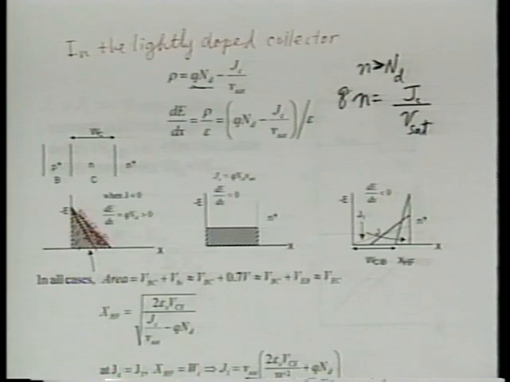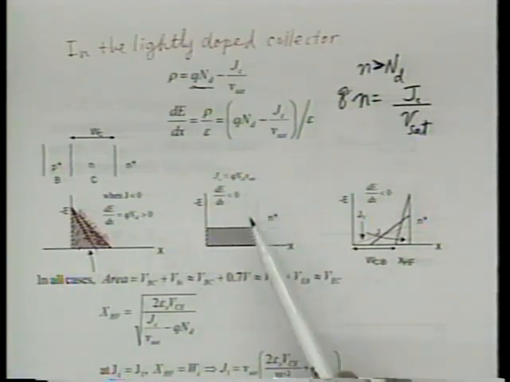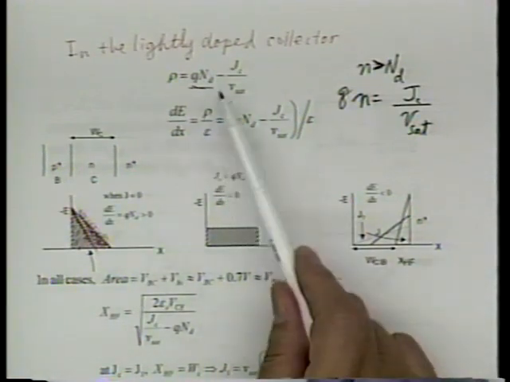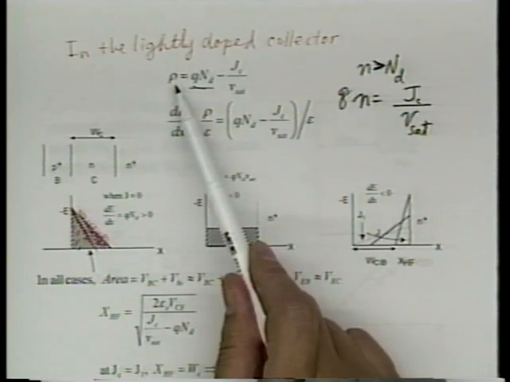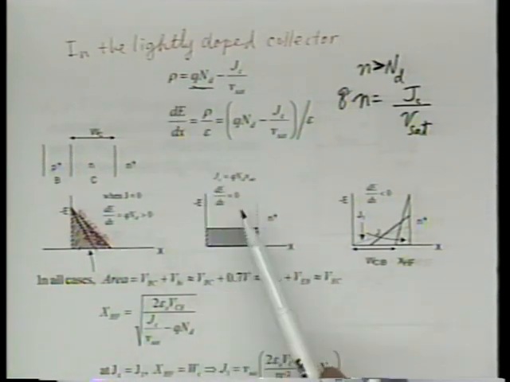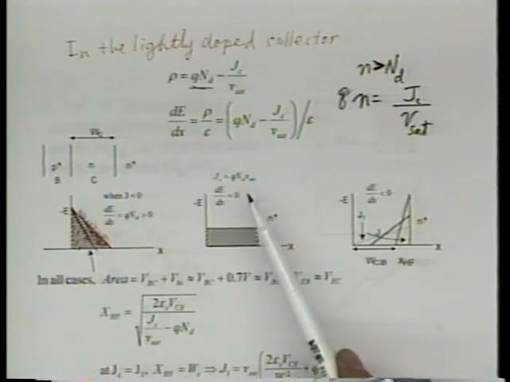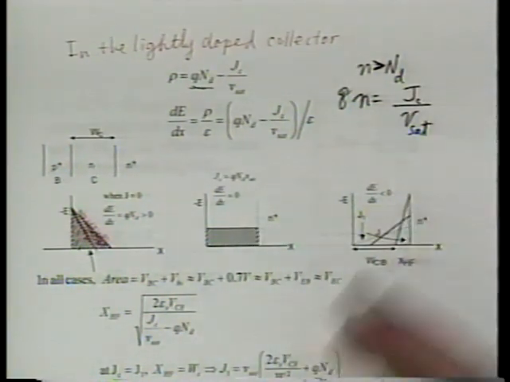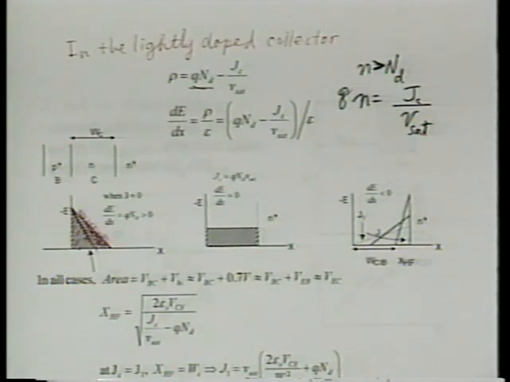Now, suppose J happens to be equal to qNDvsat, namely rho is 0, you see, at a certain J, rho can be 0, right? That's when J is equal to qNDvsat. This is not important, don't memorize this number. But I'm just saying, as we now start to pass current through it, at some point, dE/dx can be 0. In that case, the E versus x will look something like that.